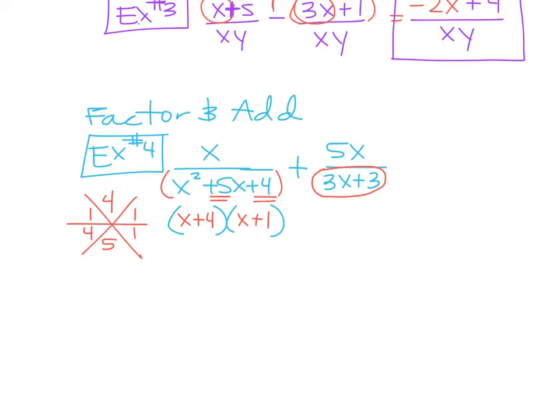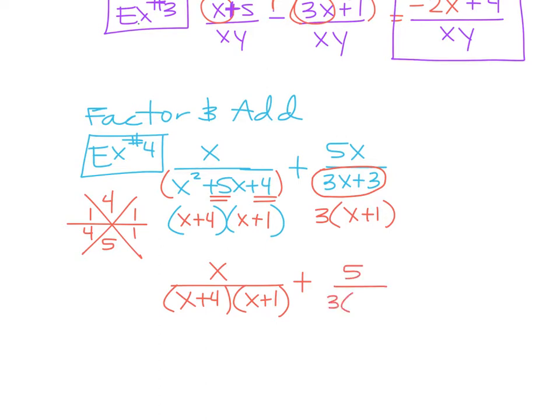Factor out a 3. So that's going to become 3 times x plus 1. Okay, so I'm going to rewrite this. On top, on the left, we have x. On bottom, we have x plus 4 times x plus 1. Plus this one, we have 5, and on bottom, 3 times x plus 1. Do you see anything else you can factor here?